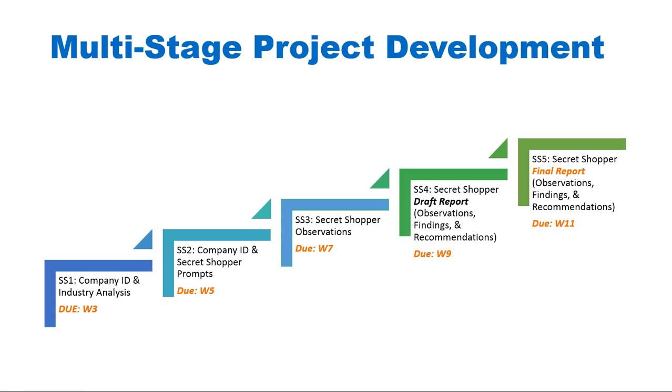The Secret Shopper activity has 5 stages. And by now, you will have completed stage 1, where you chose a company and conducted an industry analysis, and then proceeded to creating performance measures against which to observe the company. Stage 3, which is our focus now, is to observe the business.